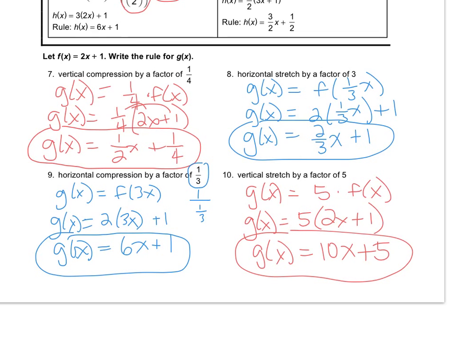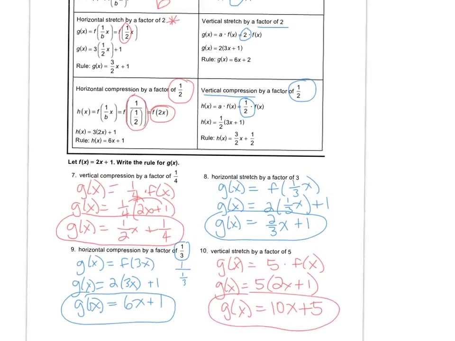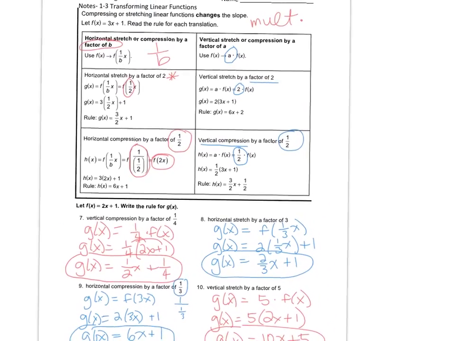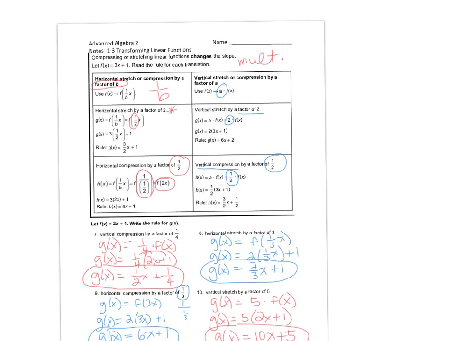Okay, so the key here on everything we've done, you really are going to have to just work with this quite a bit. It's going to take some getting used to. So when you are doing anything horizontal, you're not just going to plug in the factor. So horizontal stretch or compressions, you're plugging in the reciprocal. And then on horizontal translations, you're plugging in the opposite of the value left or right.